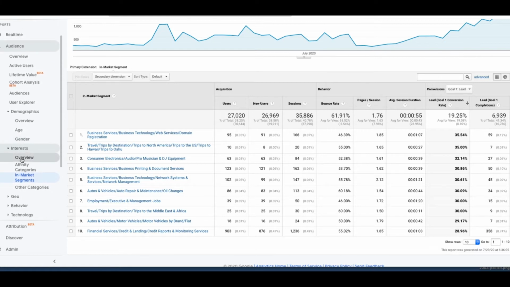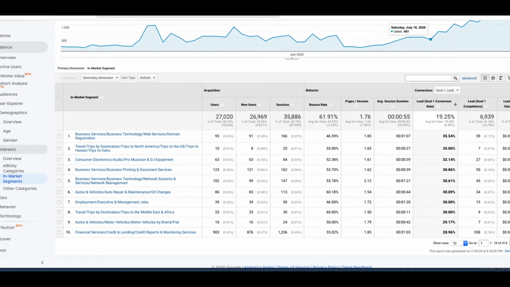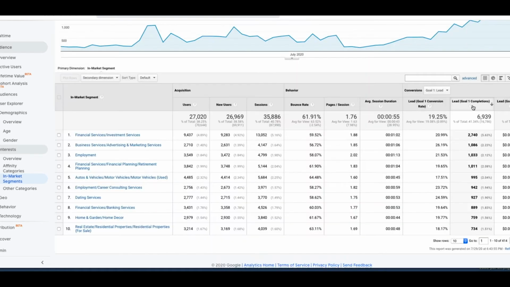And then this is a great tab over here under interest, where you can see the affinity categories and also the in-market segments. So one way we like to look through this is to say, all right, we want to look for a high lead conversion rate, because if I just look at the number of goals right here, we're seeing this is one that we target a lot, and we just are naturally going to get a lot of this because these are some of the most obvious audiences that we go after.